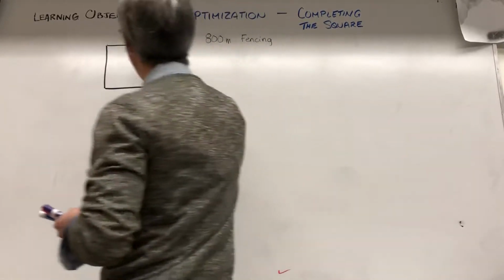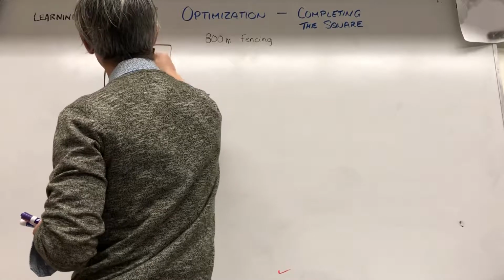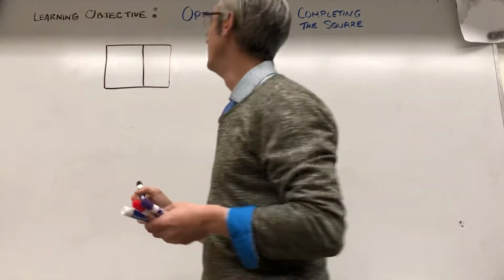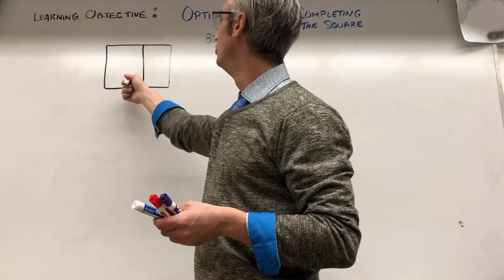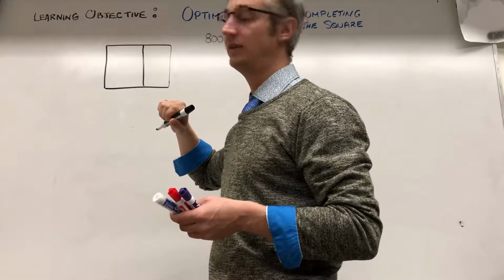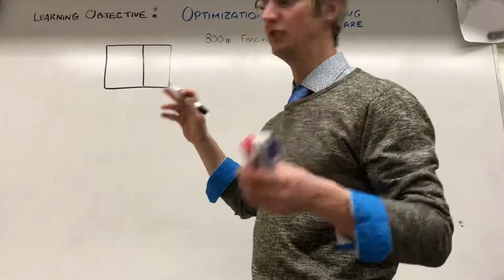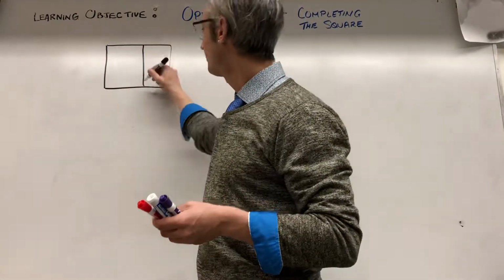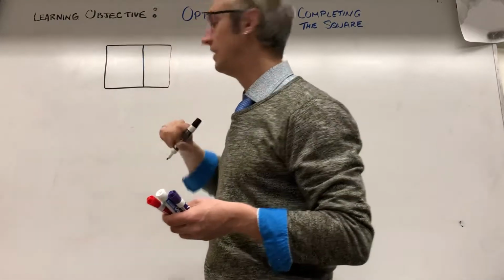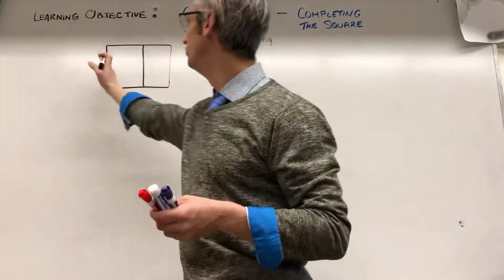But this time they have to break their farm into two rectangles. So there has to be a third fencing down somewhere in between these two parts.